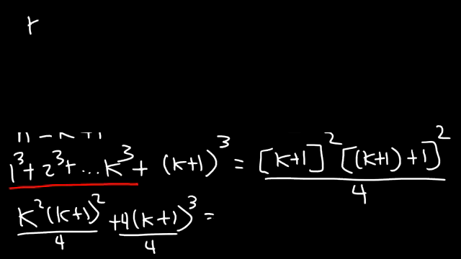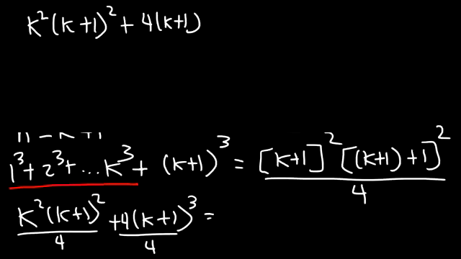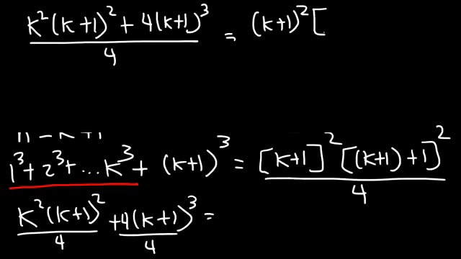So it's going to be k squared times k plus 1 squared plus 4 times k plus 1 raised to the third power divided by 4. And that's going to equal k plus 1 squared times, I can add 1 and 1, which is 2. So that's going to be k plus 2 squared divided by 4.